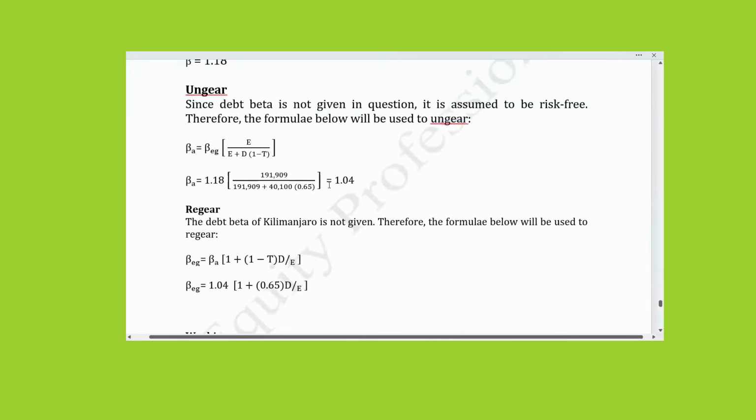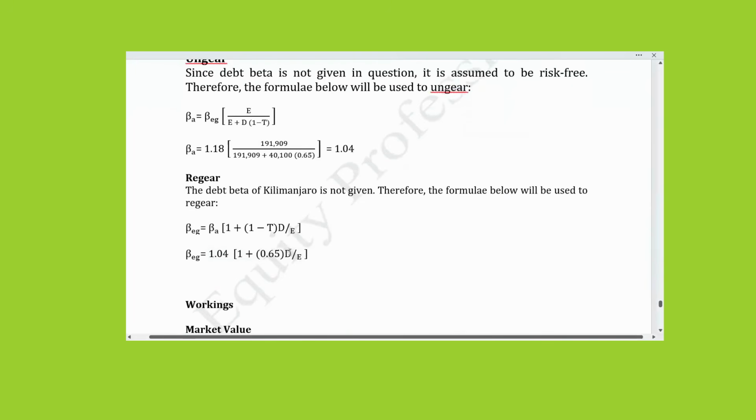So I can then come back here. So the debt value of Kilimanjaro is 17,400 divided by equity value of Kilimanjaro, which is 33,920. So from your calculator, you are going to start from 17,400 divided by 33,920 equal, multiply by 0.65 equal to, then plus 1 equal, multiply by 1.04.